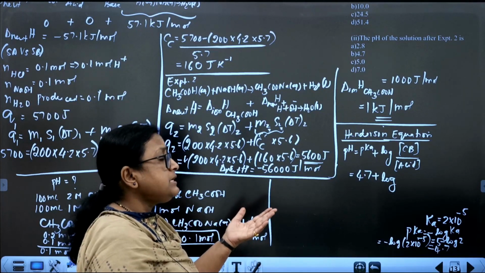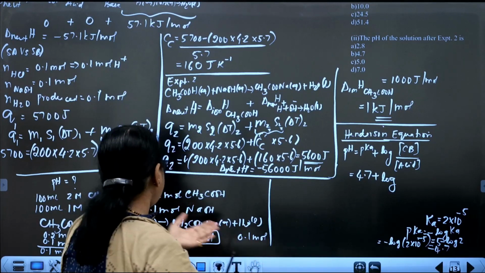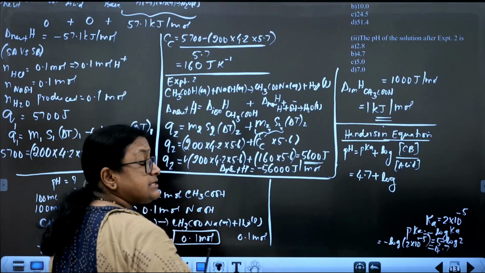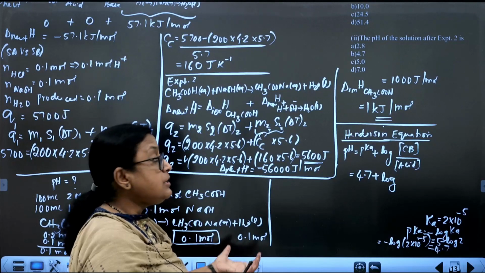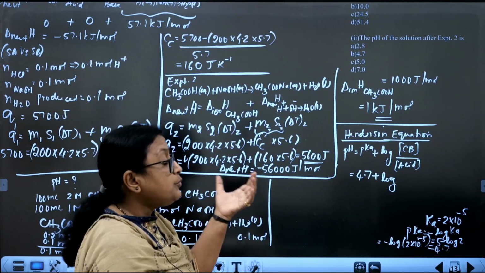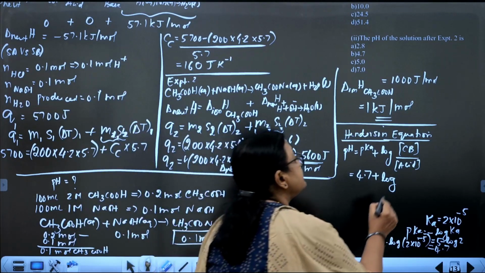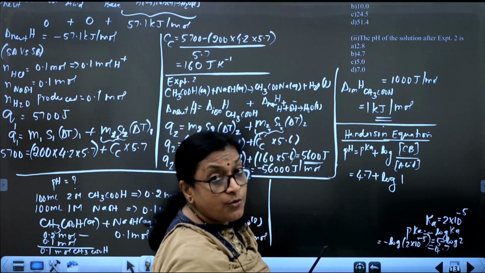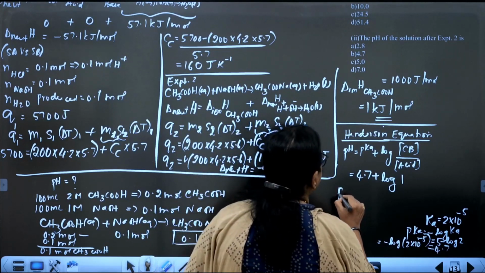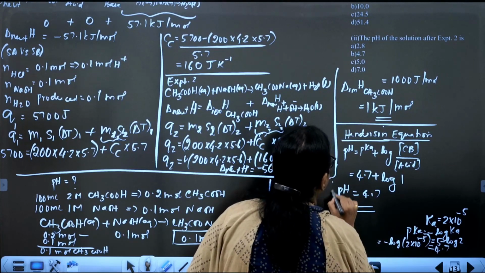So here volume in liter is 0.2. So you have 0.1 by 0.2 divided by number of moles of acid in the mixture, again 0.1 mole acetic acid, so 0.1 by volume of solution 0.2. So numerator 0.1 by 0.2, denominator 0.1 by 0.2, it comes out to be log 1. And we know log 1 is 0. Therefore, pH of the resultant solution is 4.7.